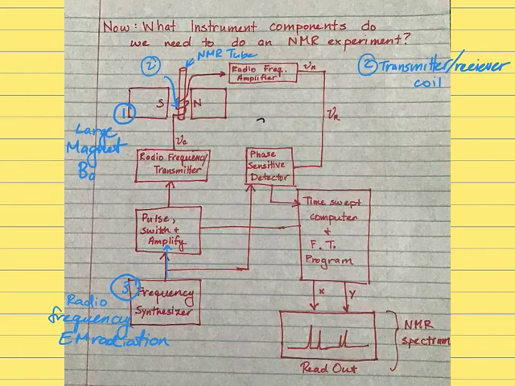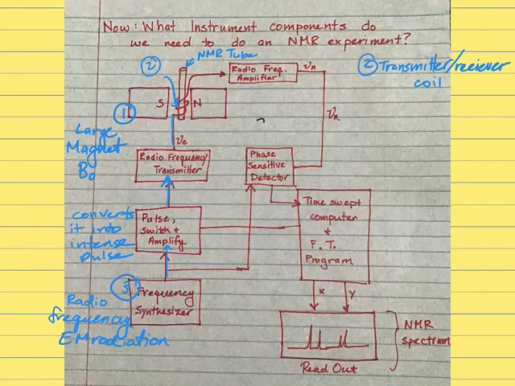What this does is it converts the radio frequency generated by the frequency synthesizer into an intense pulse of radiation. So it converts the generated electromagnetic radiation into an intense pulse of radiation, which is then passed into the radio frequency transmitter, which is simply what transmits it up to the sample.